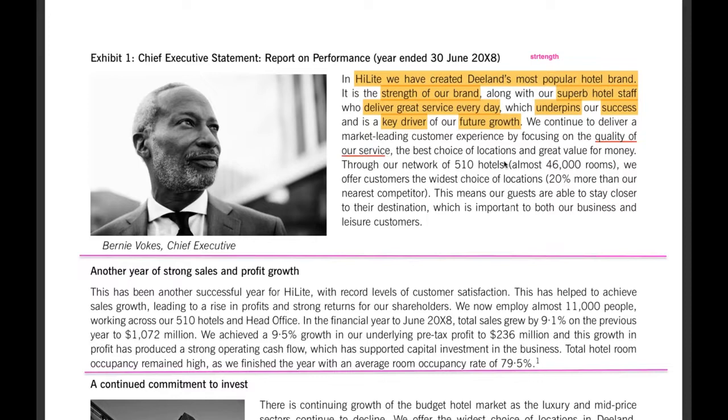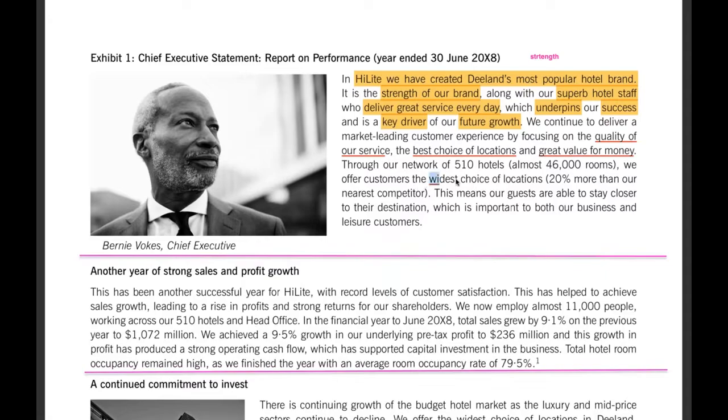Okay, what else that they mentioned here? You see, it's best choice, locations. They have what? Offering great value for money. Okay, so through our network of 510 hotels, 46,000 rooms, we offer customers the widest choice of location.